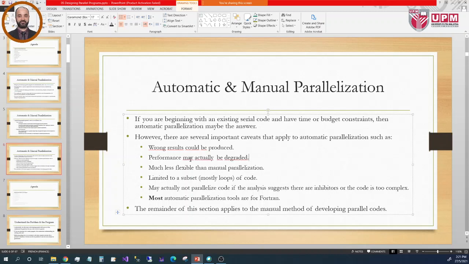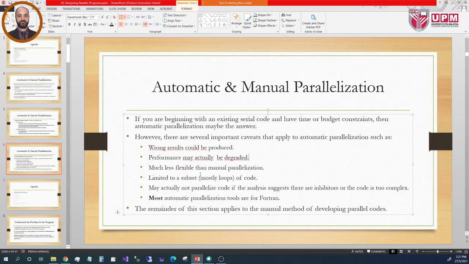Also, sometimes a serial application may solve a small problem, and when it is given to the automatic parallelization tool, the tool will make it parallel. It will introduce synchronization, communication, multi-threading, and everything for that small problem. Then we will see that the serial program is faster than the parallel.